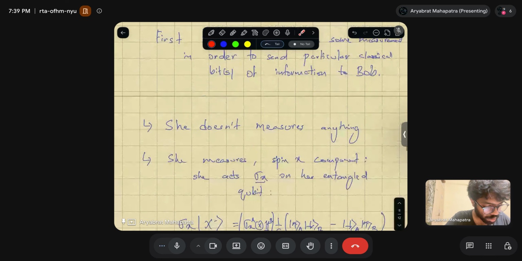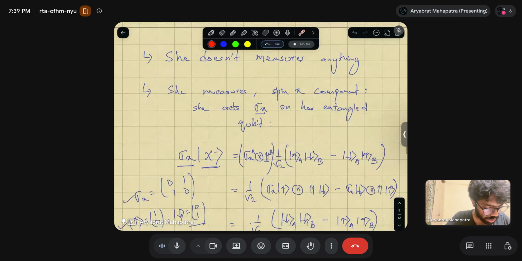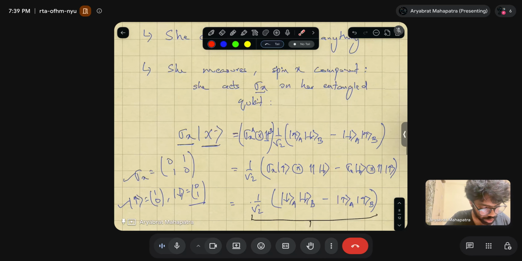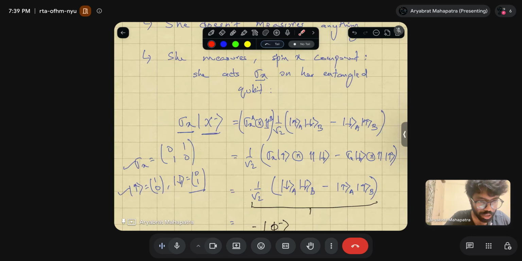This entangled state comprises two qubits, so one of them is with me and the other is with you. Whatever my measurement will be on this qubit, it will also affect your measurement. So this is what entanglement is all about.